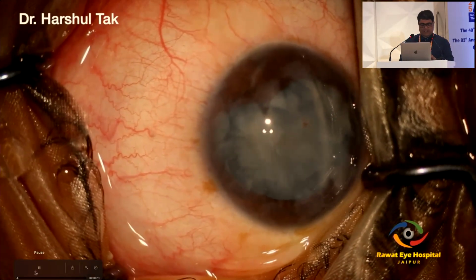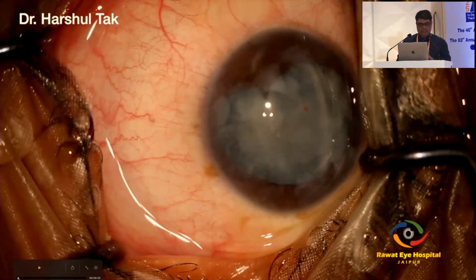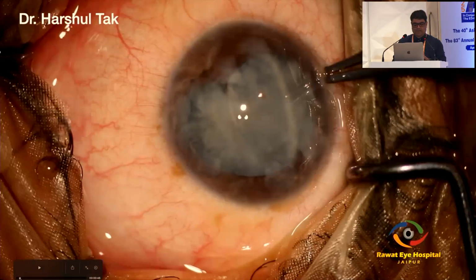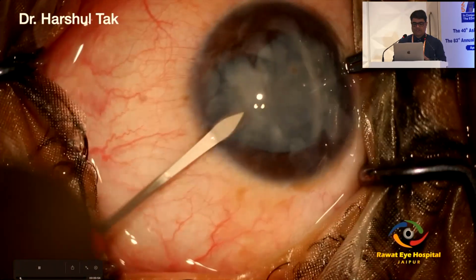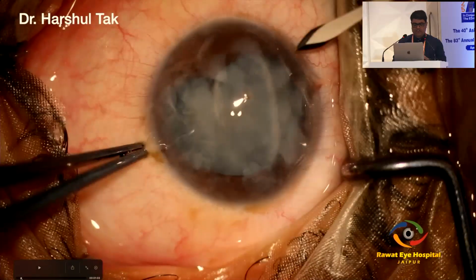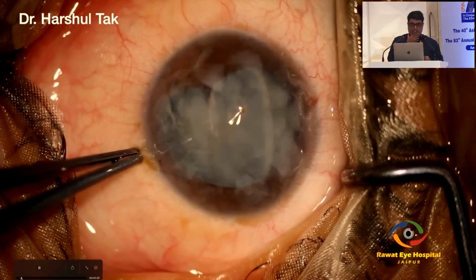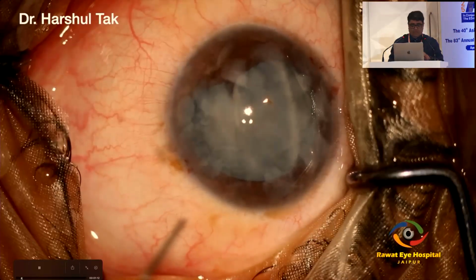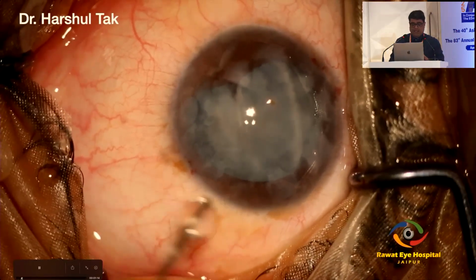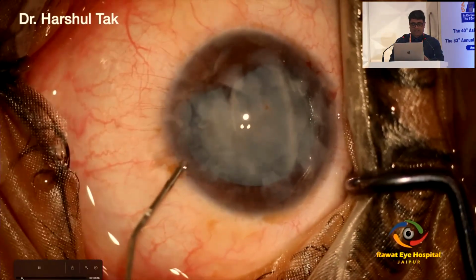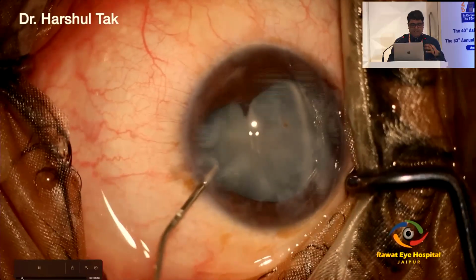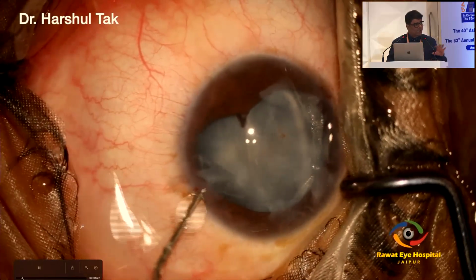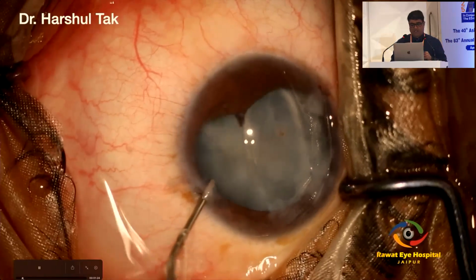It's important that once I make side port incisions, you are very careful not to damage further. So I make side port incisions, and after making this, I see this fluffy material. This is under just topical anesthesia, and I'm putting some saline there so that the extra fluffy material gets washed off and comes out, and I can see the capsule clearly.